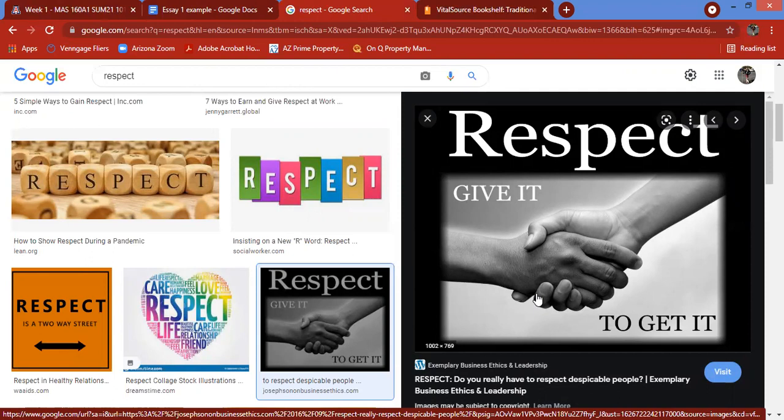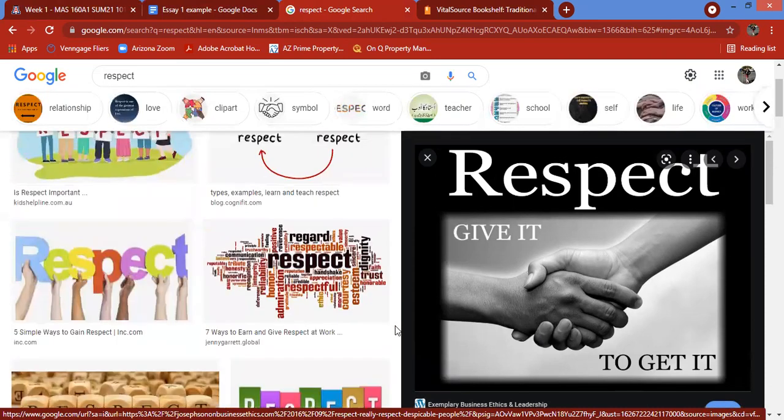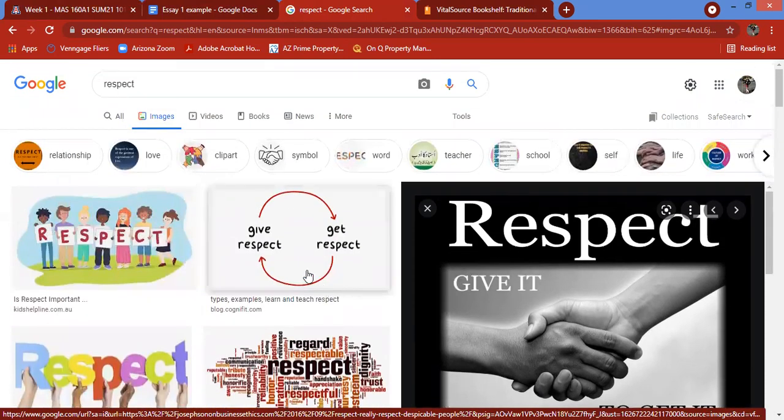So we extend this theory of respect to the animal kingdom, plant nation, and also to inanimate objects such as rocks, water. We believe those are animate. We believe that those do have a spirit and deserve respect.